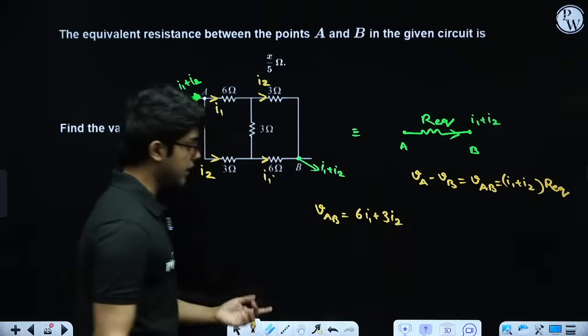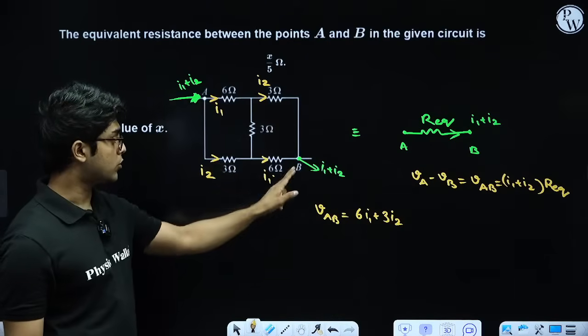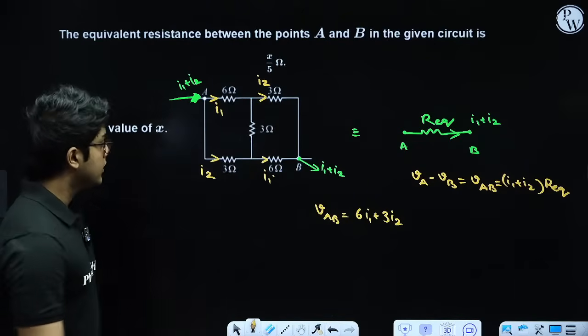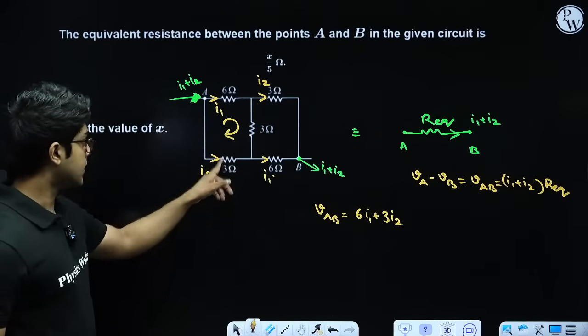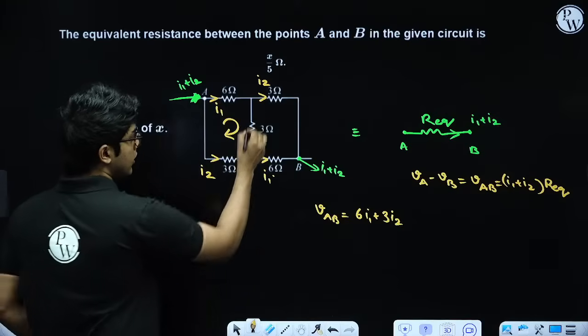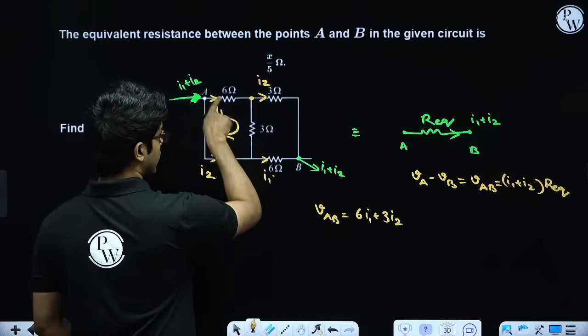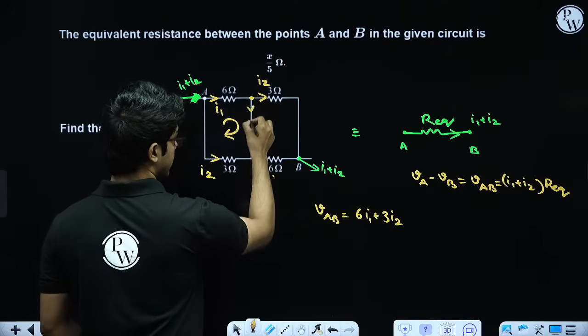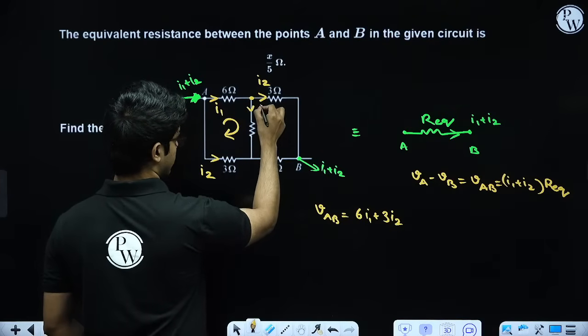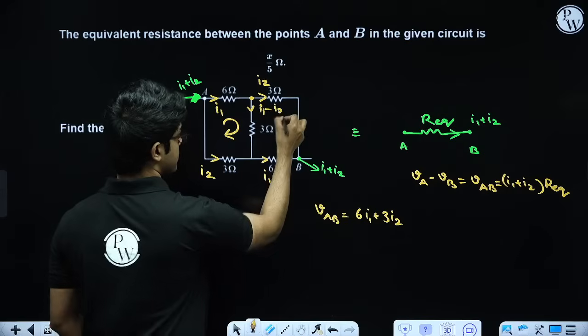This is the first KVL equation in which we took this branch. Okay, the second equation we can take this branch. So here the current is I2, here the current is I1. So we can use KCL in this node. Entering current is I1, exiting current is I2. So the current in this side, in the down direction, is I1 minus I2. Okay, simple KCL.